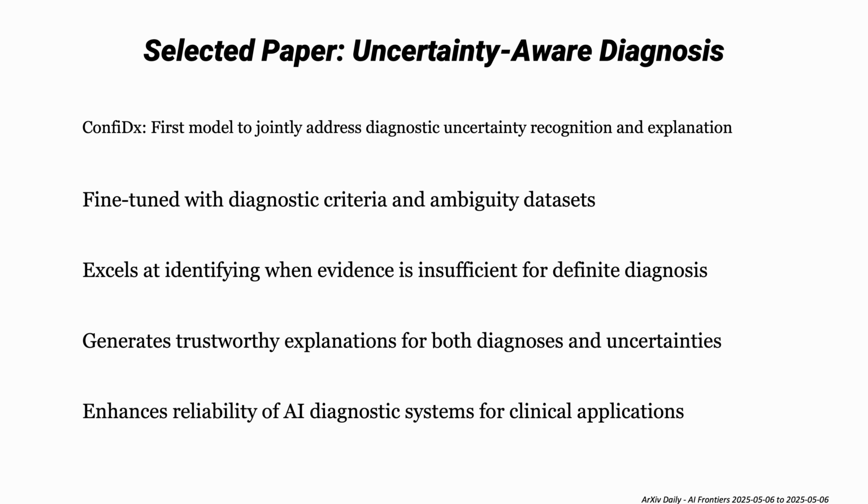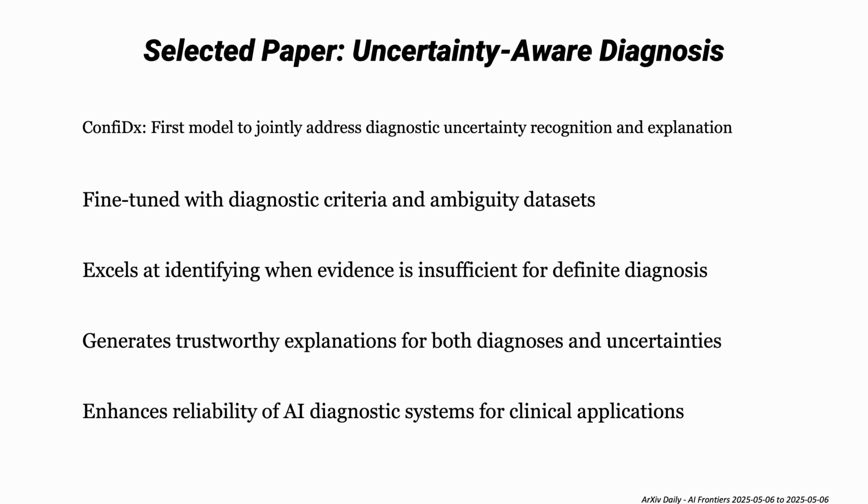The paper Uncertainty-Aware Large Language Models for Explainable Disease Diagnosis by Zhou and colleagues addresses a critical gap in the application of large language models to medical diagnosis, the explicit identification and explanation of diagnostic uncertainties. While many AI diagnostic systems focus solely on making accurate diagnoses, they often fail to recognize and communicate when there is insufficient evidence for a definite diagnosis.